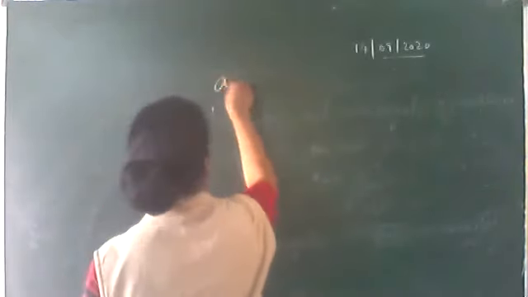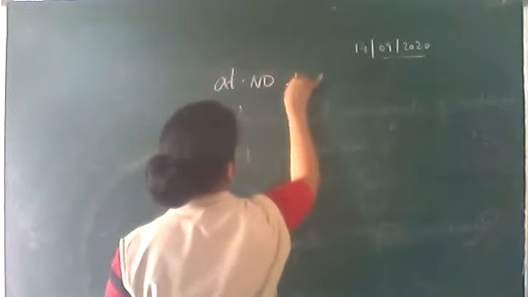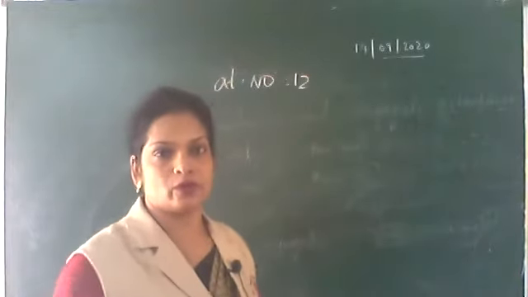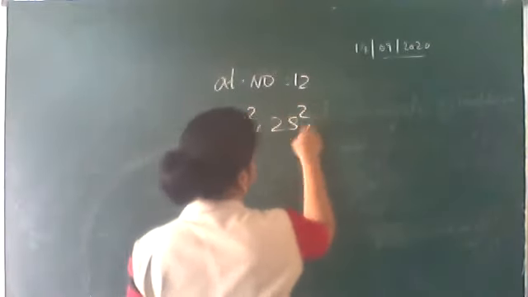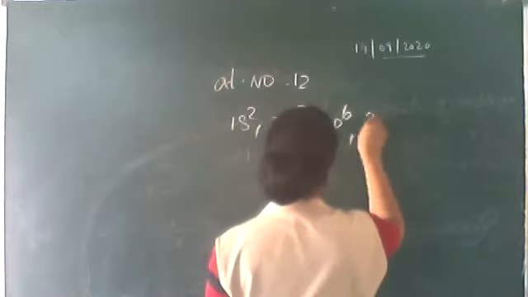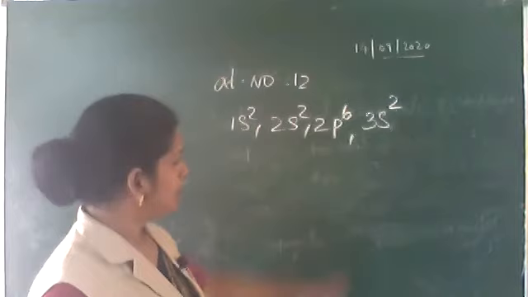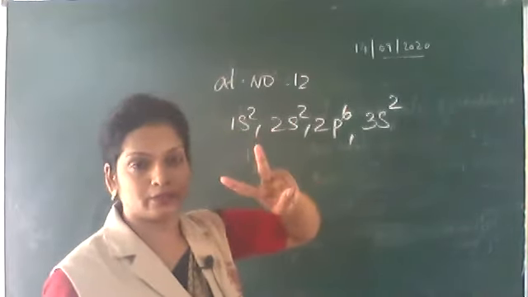Atomic number 12. Write the electronic configuration: 1s2, 2s2, 2p6, 3s2. Now, ns means 3s. It contains only 2 electrons.